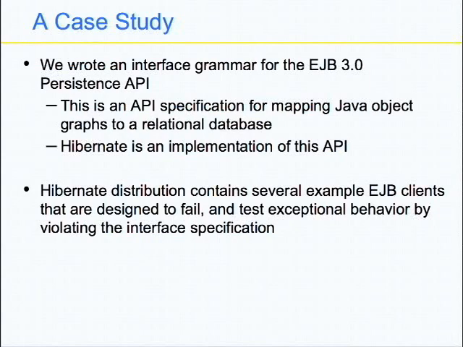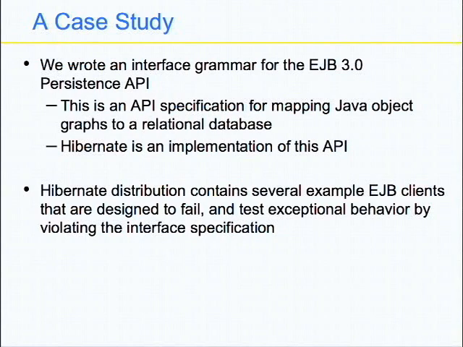The case study we did actually uses the Hibernate test cases that were developed to show that your EJB client basically checks the Hibernate implementation by providing some clients, okay? For example, it has some error cases in it.